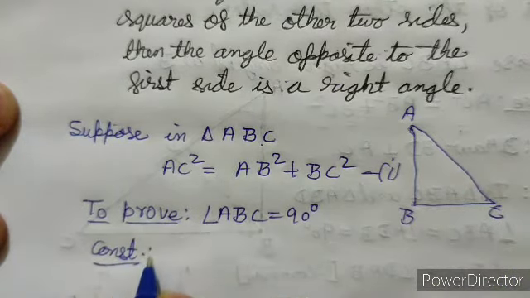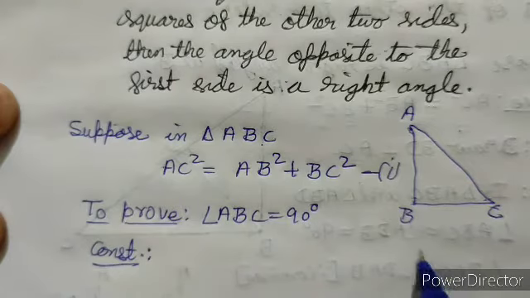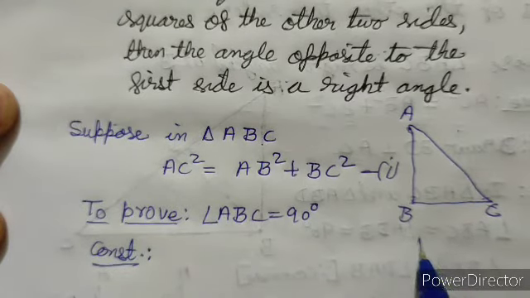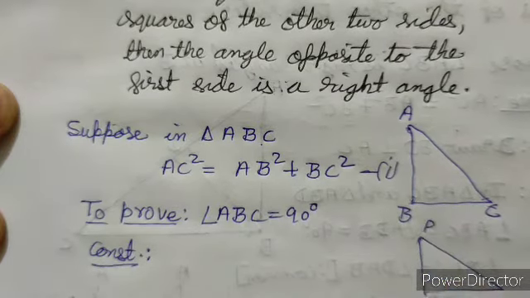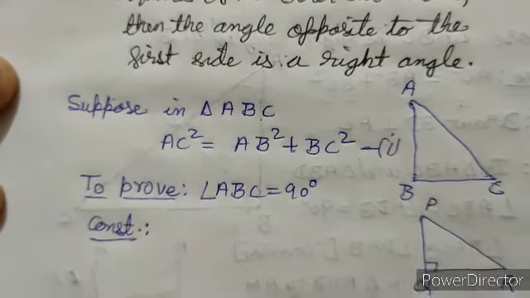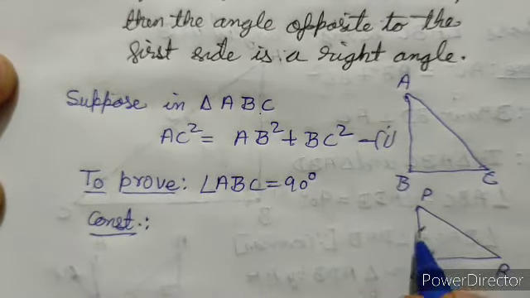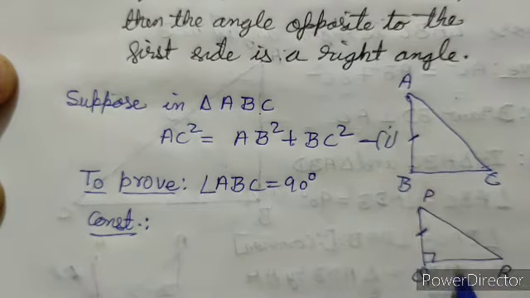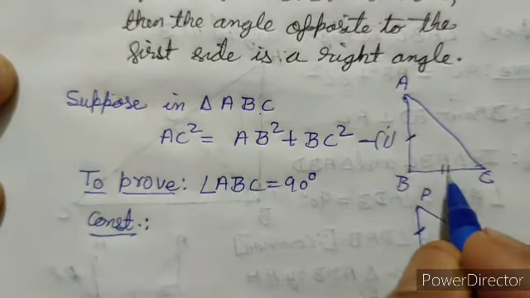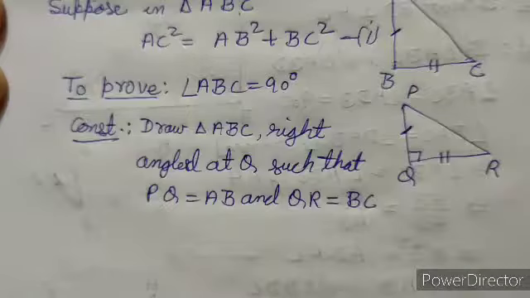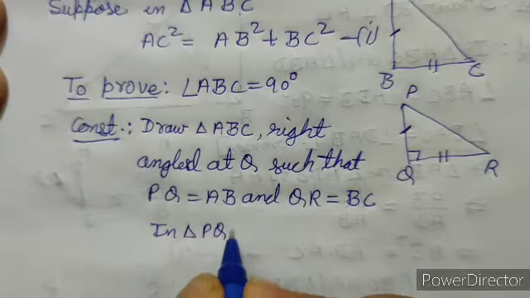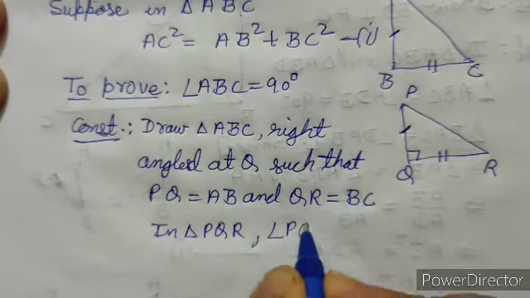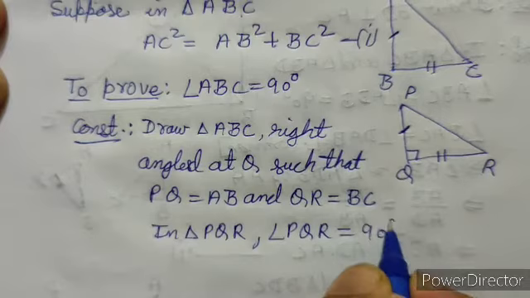For that we will do a construction. First of all, we will draw a right angle triangle PQR, right angled at Q, such that PQ is equal to AB and QR is equal to BC. Now in triangle PQR, angle PQR is of 90 degrees.